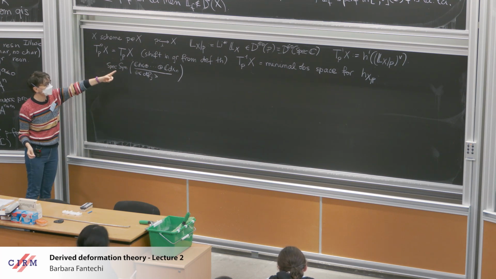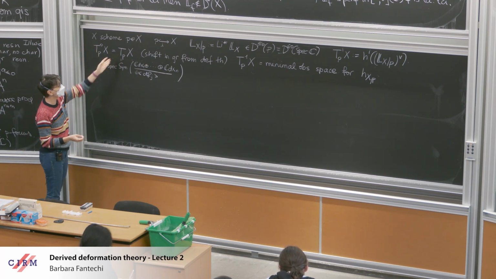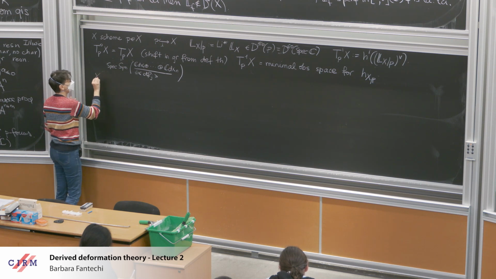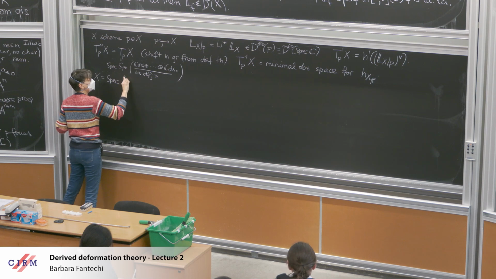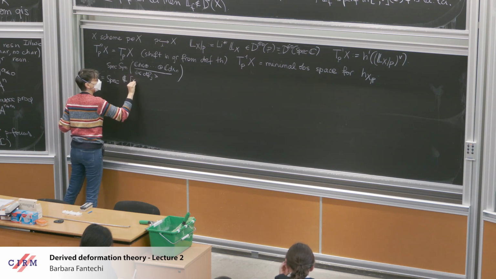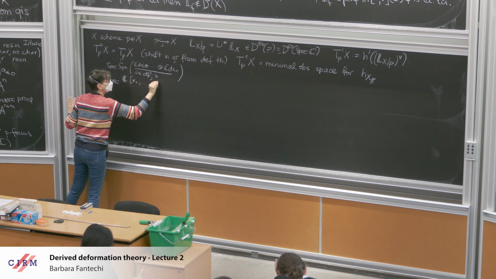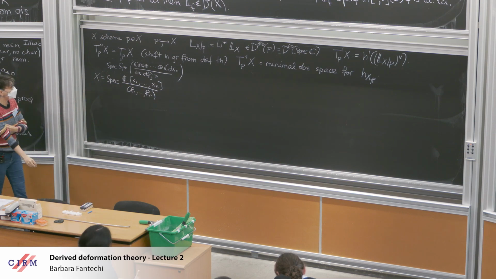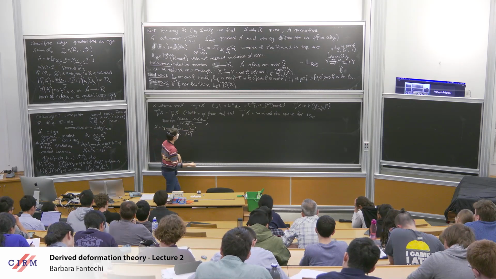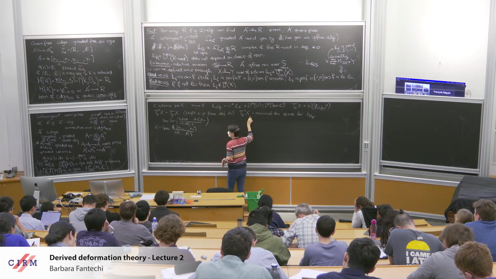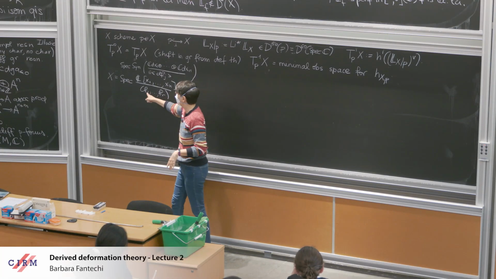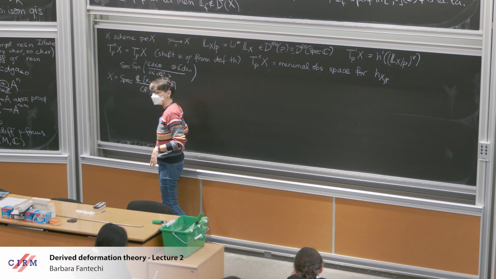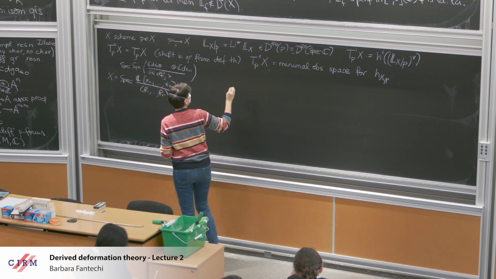Notice what do I mean by this? I mean that this is a local construction, and so I can assume again that X is Spec C of x1, ..., xn modulo f1, ..., fr. And the other one is basically generated by the f1, ..., fr, so it has dimension r.